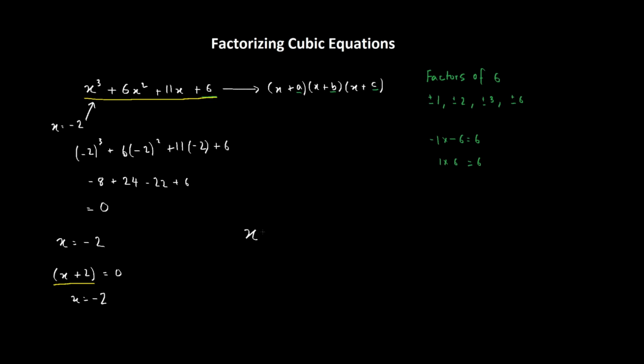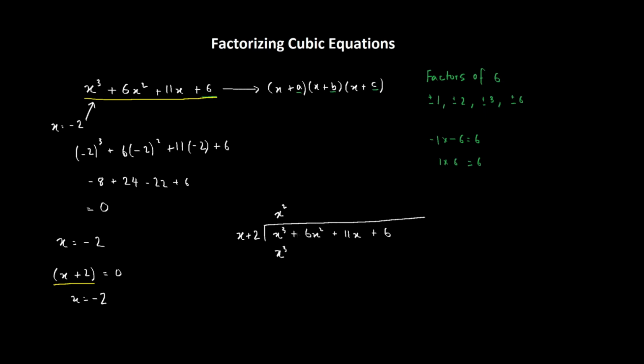So x plus 2, and using this we are going to divide x cube plus 6x square plus 11x plus 6. Okay. Alright, so let's do the division. In order to make x equals to x cube, I need to multiply it with an x square.